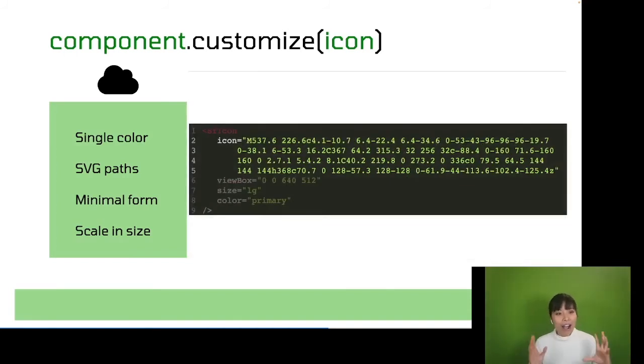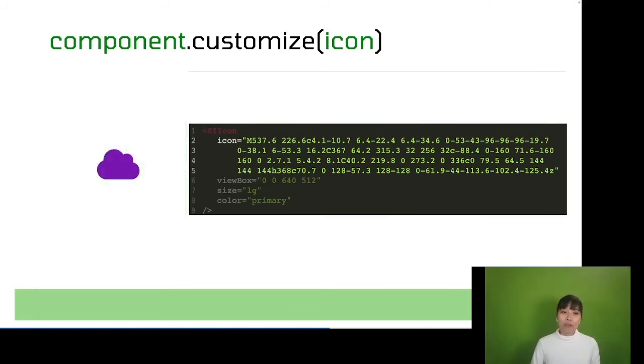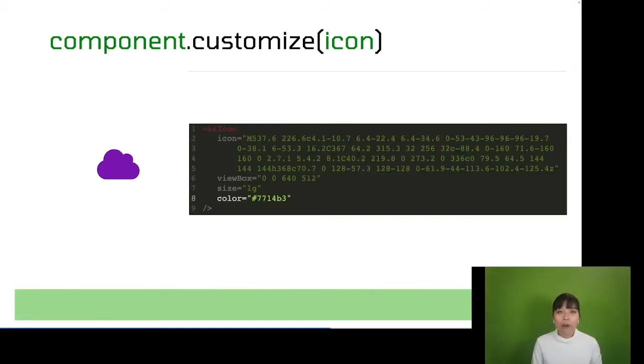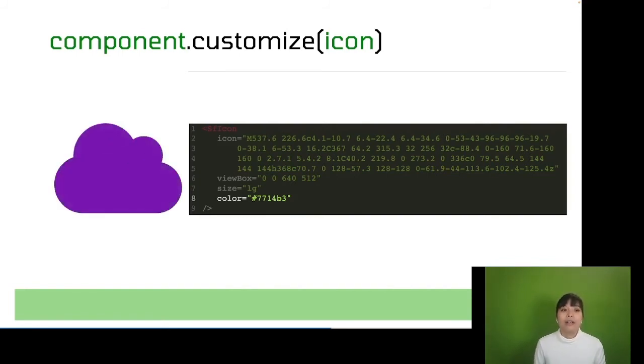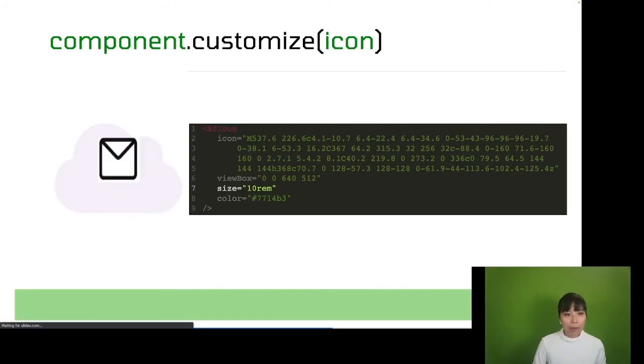So for icon, we modify it a little bit to accept also the name of the icon from the icon library and also the path of the SVG, and the view box, and the size, and the color. Similarly, if we want to override the colors, we also allow text, that's a decimal value of the box, and size. We also do the same approach.